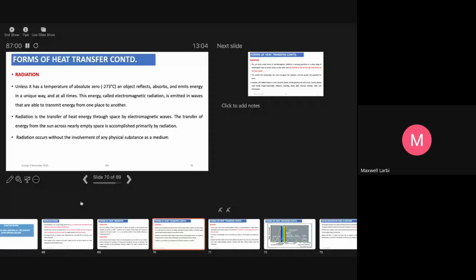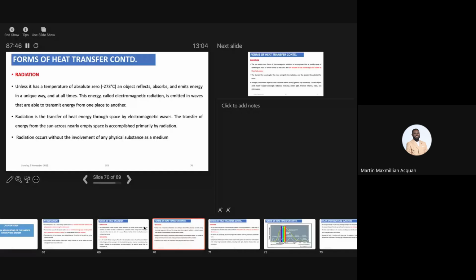AI said that insulation refers to materials or methods used to reduce the transfer of heat, sound, or electricity. Okay, so what I'm saying is, when we talk about insulation, when the sun's rays are moving through space, it does not produce heat until it comes in contact with an object.